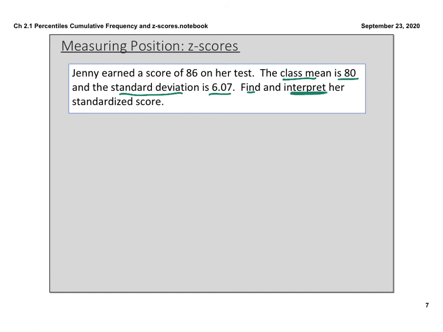Okay, so I'm going to start by finding her score, which is a pretty easy thing to do like we just talked about. I need to take the data minus the mean and divide it by the standard deviation. So in this case, I'm looking at 86 minus 80 divided by 6.07. When I do that, you're going to get a decimal typically. These things don't often turn out really pretty and nice and clean, just like we've always talked about.